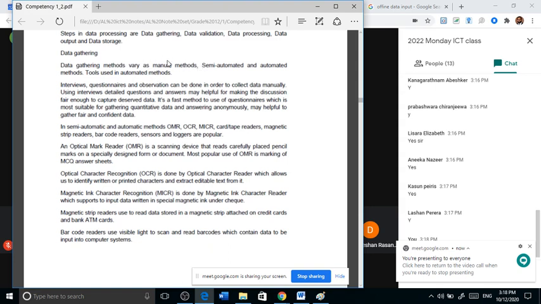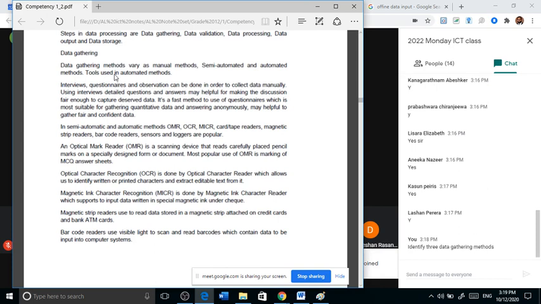So what are the methods? Manual method, semi-automated and automated methods. Okay, just name them, Pudha.